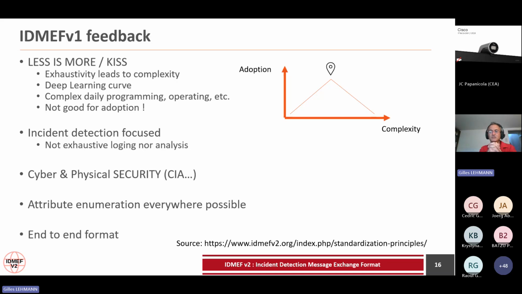And very important, it is an end-to-end format. The format goes from the sensor up to the operator, so it has to be understandable by the operator. Some attributes are for computing and correlation, and some other attributes are for the operator. That's the case for location.